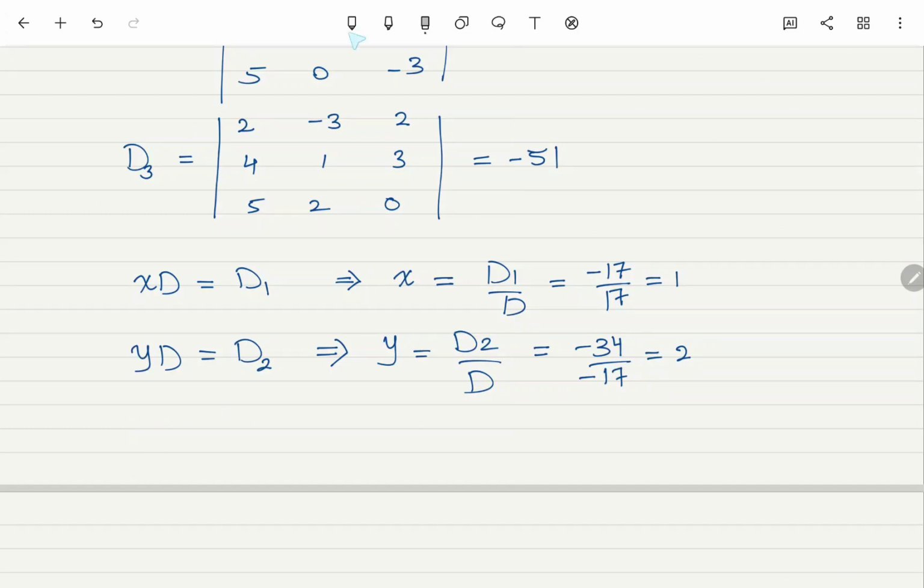And zD equals D3, so z equals D3 over D, or minus 51 over minus 17. In other words, it equals 3.